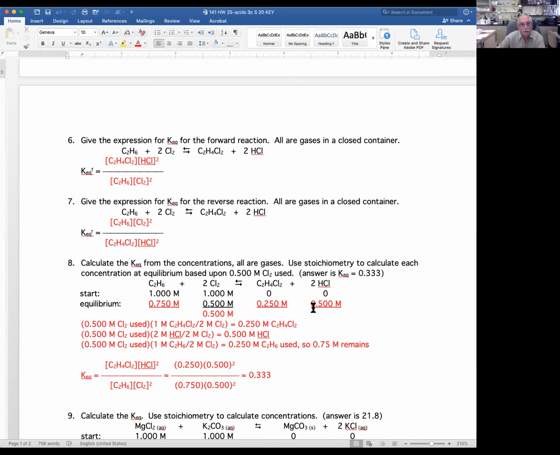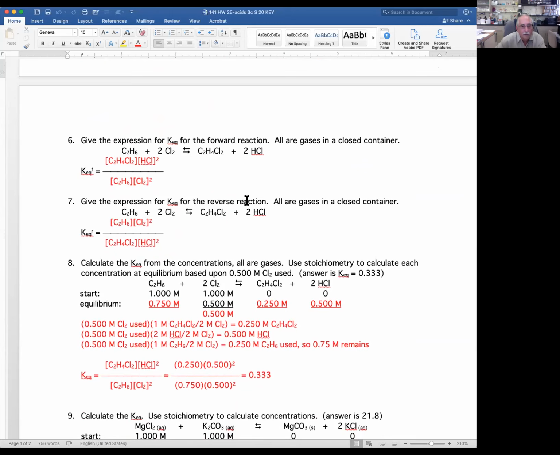So then what I'm trying to get you to do is be good at writing the equilibrium constant expressions. So if you're doing this in the forward direction, here's the products on top, here's the reactants on bottom.